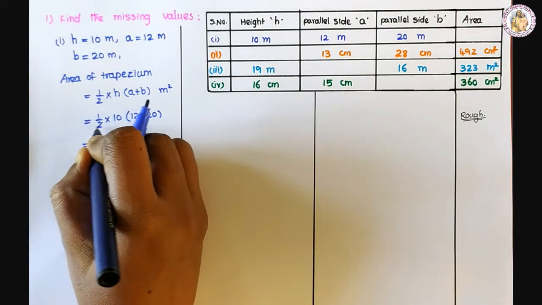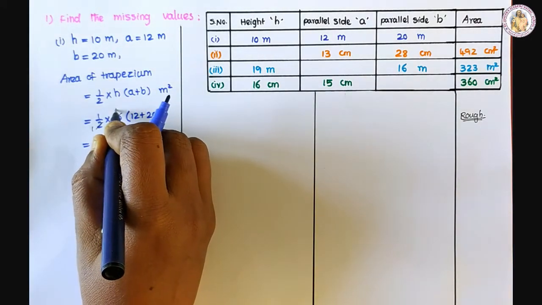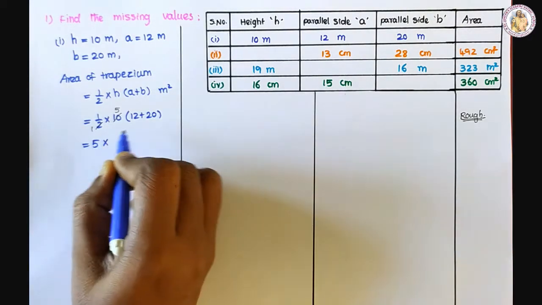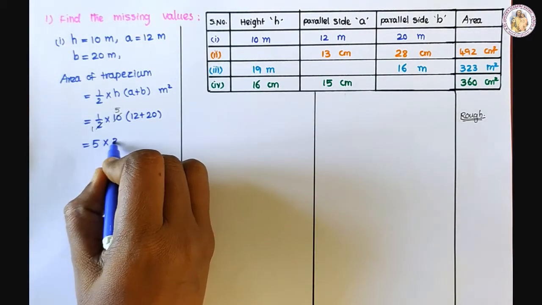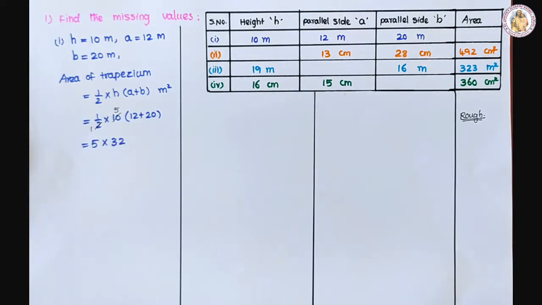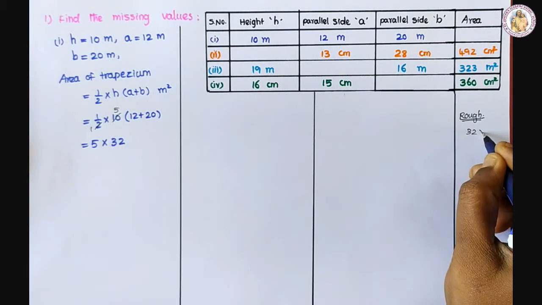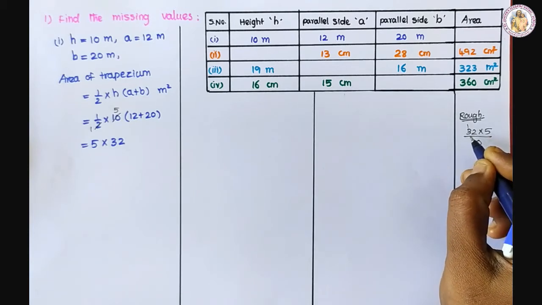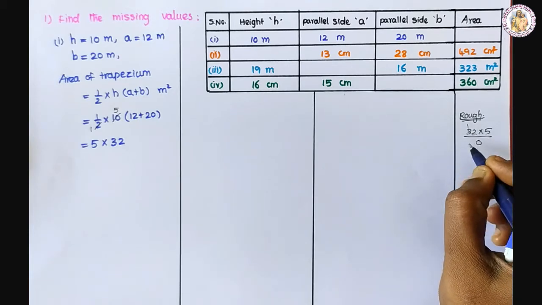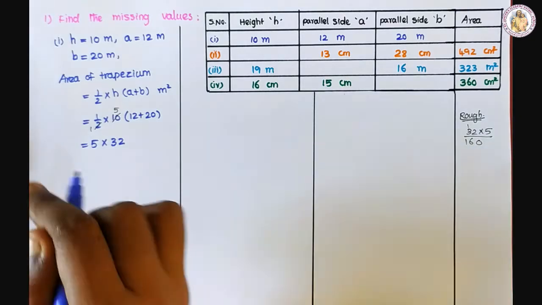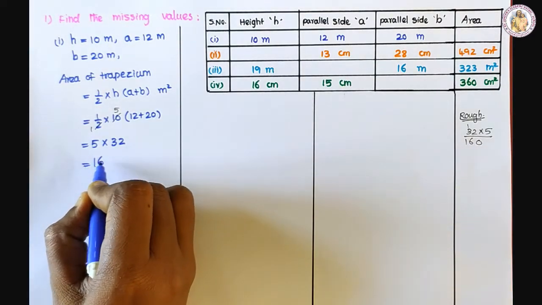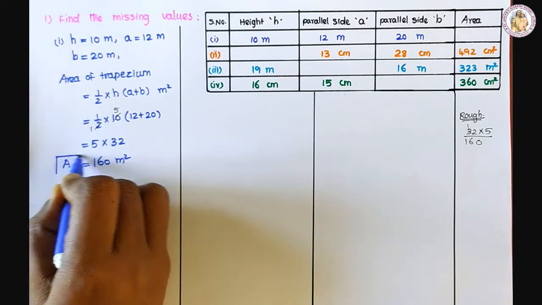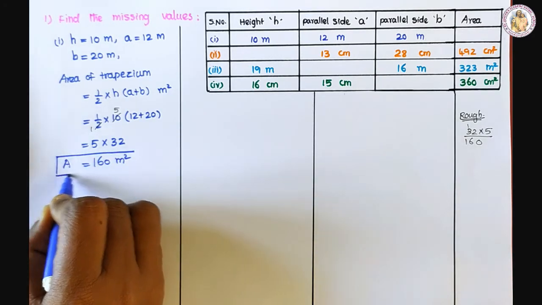Cancellation: 2 5s are 10. So 5 into (12 plus 20), 32. 32 into 5, 2 5s are 10, carry over 1, 3 5s are 15 plus 1, 16. So 160 meter square, that is the area of trapezium.